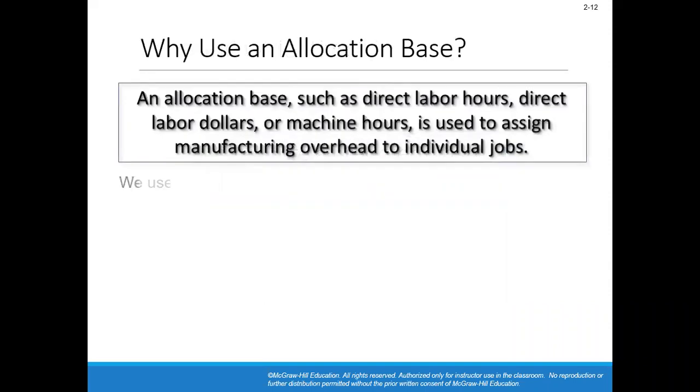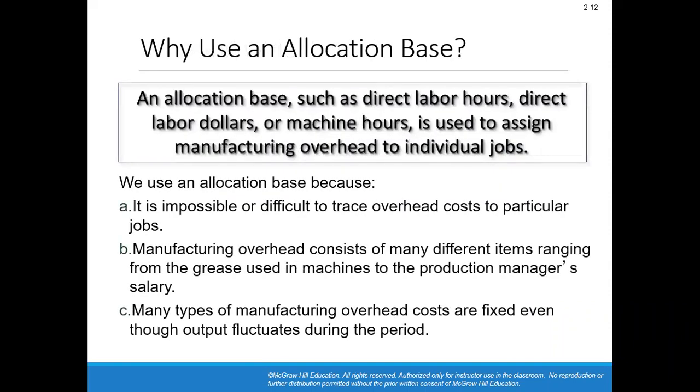So overhead rate determination is an idea that, as you cannot assign the overhead cost to the job on a precise basis, you like to think of what your manufacturing overhead cost will be primarily.